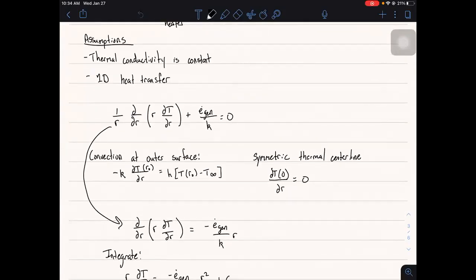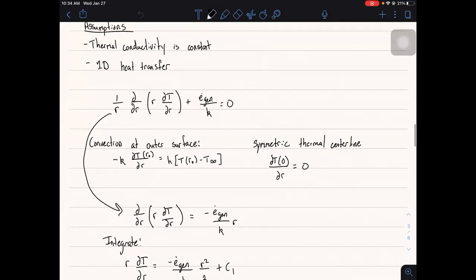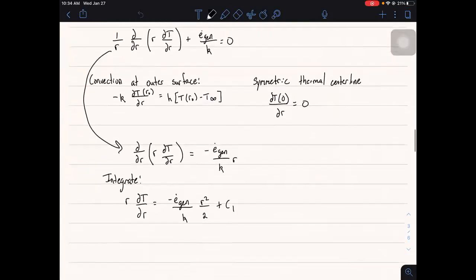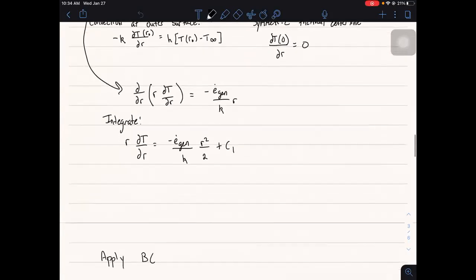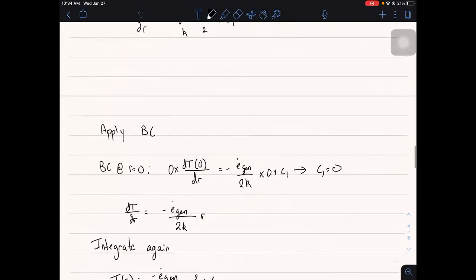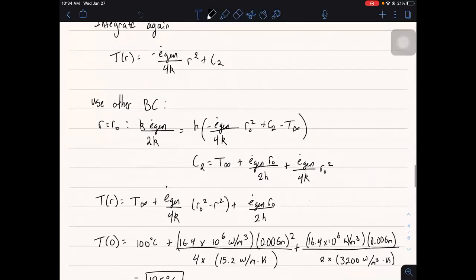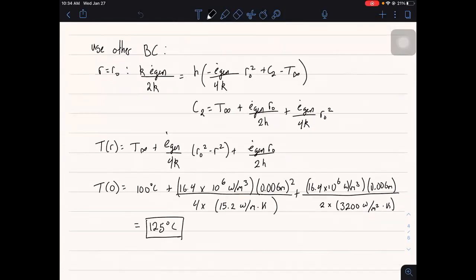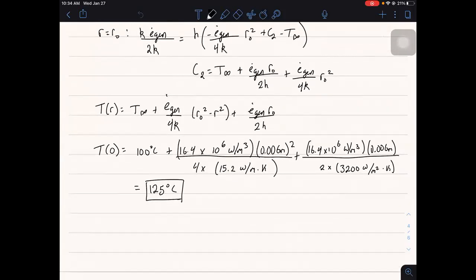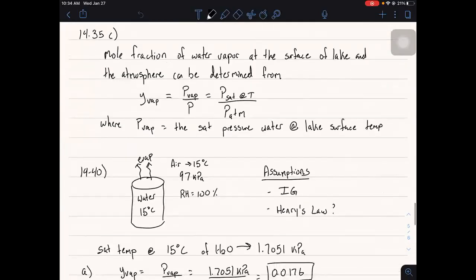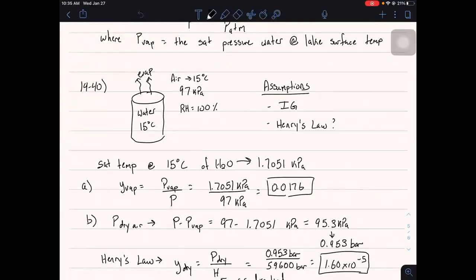So therefore we started with the 1D heat transfer equation, figured out the boundary conditions, which is convection at the outer surface and a symmetrical thermal center line, rearranged, integrated, applied the boundary conditions in the appropriate places, and then we were able to solve for what T was as a function of the radius, and then plugged in appropriate values and got that value there.